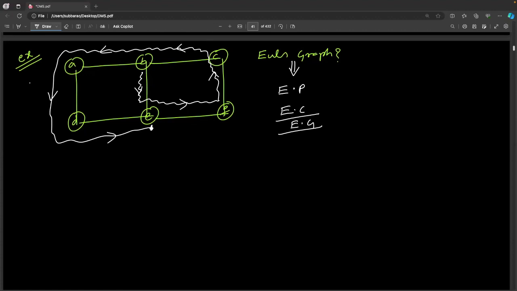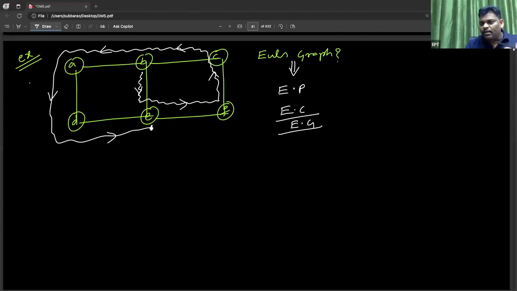Shakir is saying one interesting line: Sir, every edge will be covered exactly once, so that is called an Euler path. I am very happy. But the vertex is repeating, no?